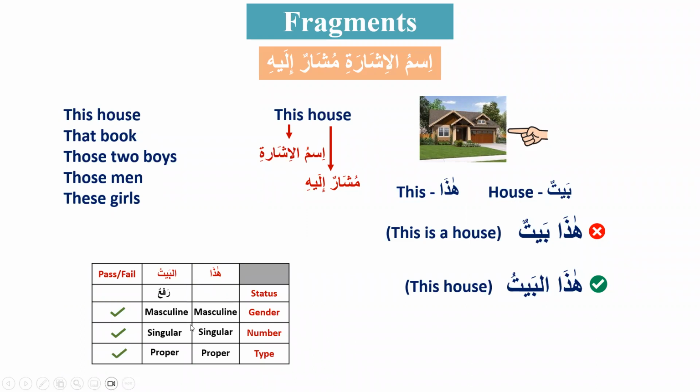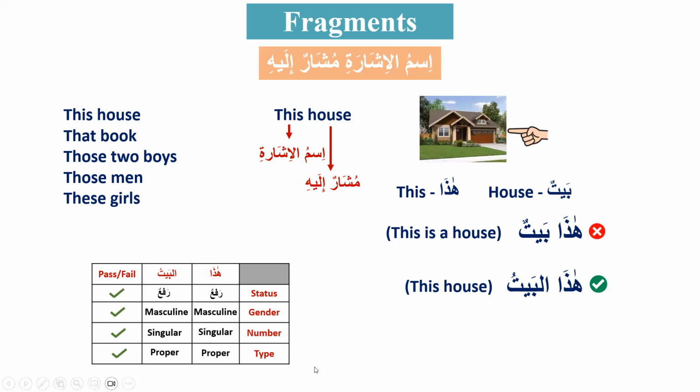So the only thing we don't know is Haza: Rafa, Nasab, or Jar. Because it matches all three, it's most likely Rafa, right? So we just call it Rafa. So it matches all the properties. Now it meets all the conditions to be called Ismul Ishara Musharun Ilay. The first condition was that the Musharun Ilay has to have al with it. So that condition is met. The other condition was that the Ismul Ishara and Musharun Ilay have to match in all their four properties.